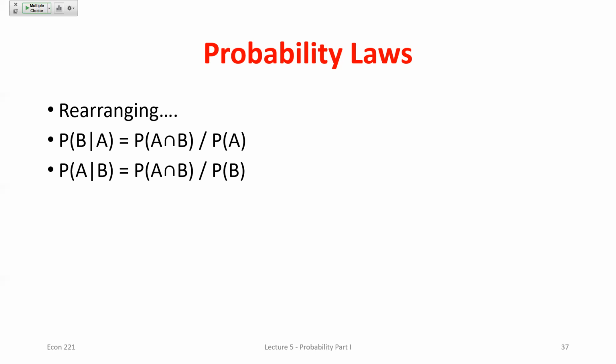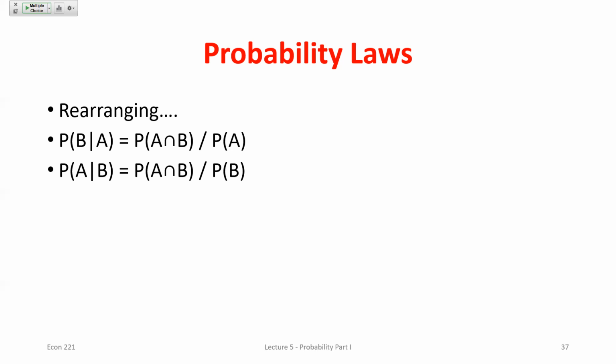When we have these regular probabilities we've been looking at, I would call this the unconditional probability of event B. So the probability of B is the unconditional probability of B. What if I wanted the probability of B, given that event A has already occurred?